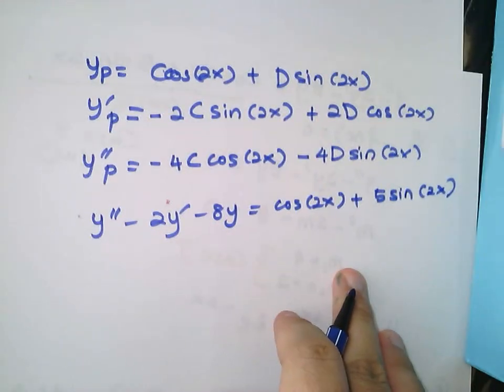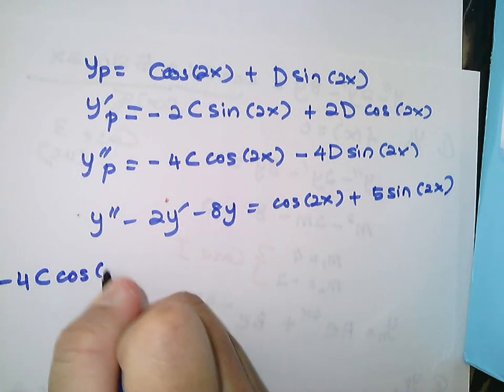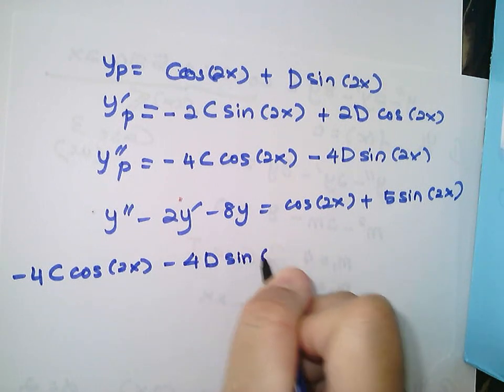So what is your y double prime? So you will have negative 4c cos 2x minus 4d sine 2x.